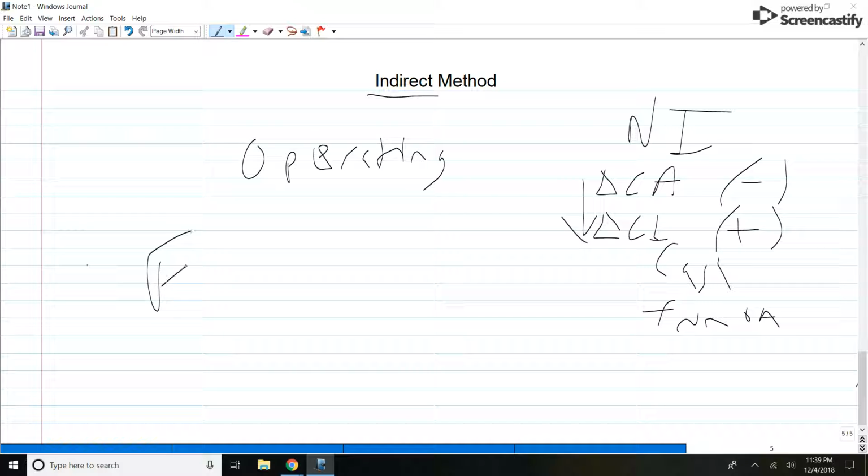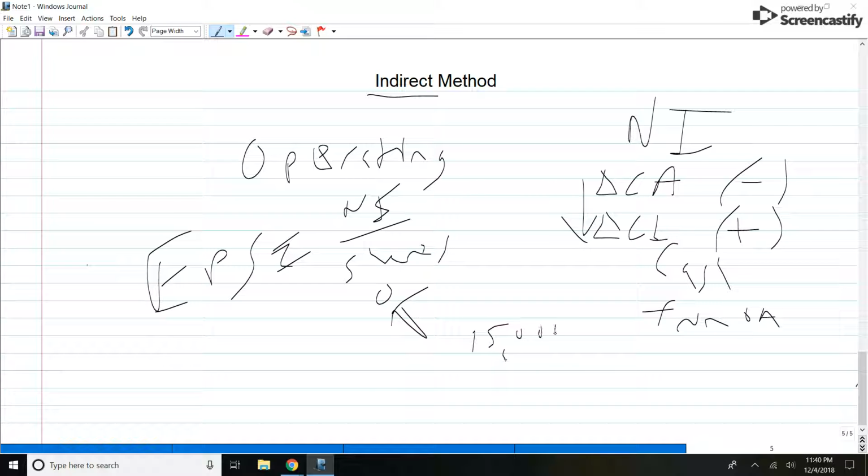So let's talk about earnings per share really quickly. Earnings per share is net income divided by shares outstanding. Remember from chapter 12 that it's outstanding. If we had 15,000 shares outstanding and 2,000 in treasury, keep in mind that we'd have 17,000 issued, but only 15,000 outstanding, which means in the hands of shareholders. So 15,000 is the number we would use in the denominator, and the numerator is just net income, so it's pretty simple.